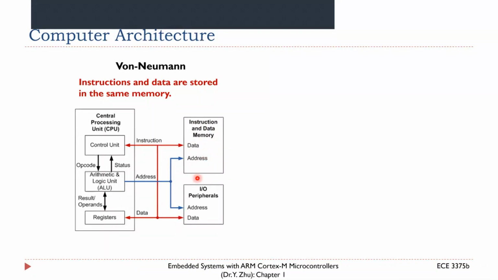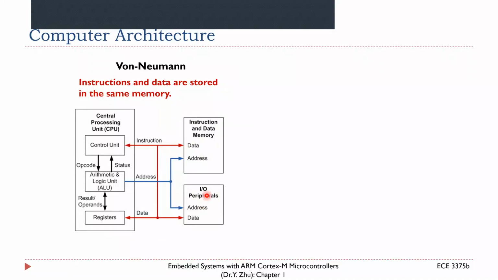Then some computer architectures have I/O, or input output peripherals. Inside the input output peripherals, there are some memories, and to access those memories, it requires address and data.